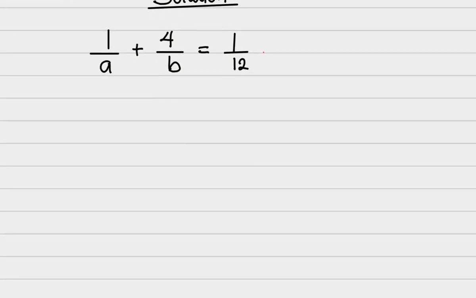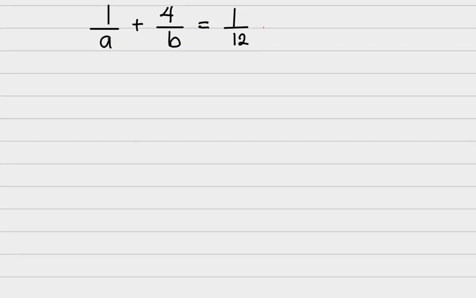Okay, so let's continue. The first thing we need to do here is to find the LCM. The LCM is AB, so this is going to be B plus 4A.